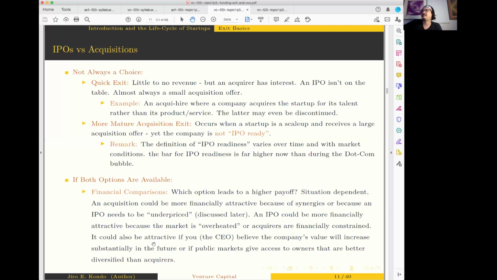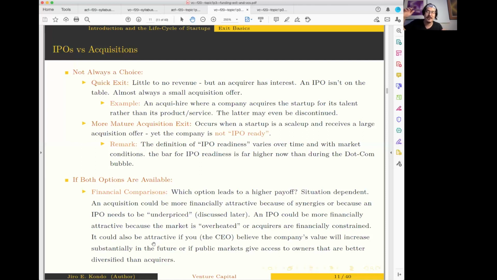But when a company becomes more mature, once it's sufficiently mature, you want to reference an understanding of what it means to be IPO ready in the market. And let's keep in mind the definition of IPO ready changes over time.